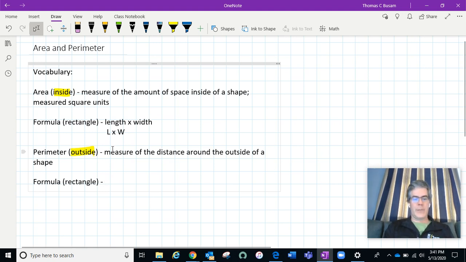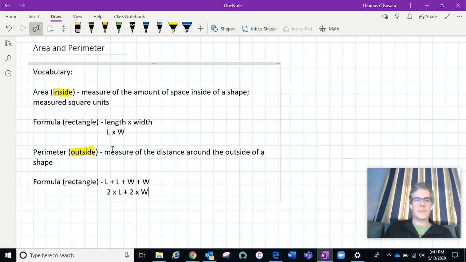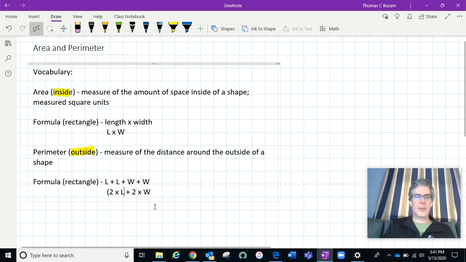So you're adding up all the sides, so you can do length plus width plus length plus width, or 2 times the length plus 2 times the width. I want to make sure that we are clear on exactly what we're doing.